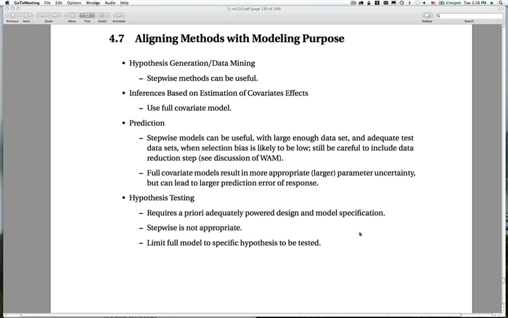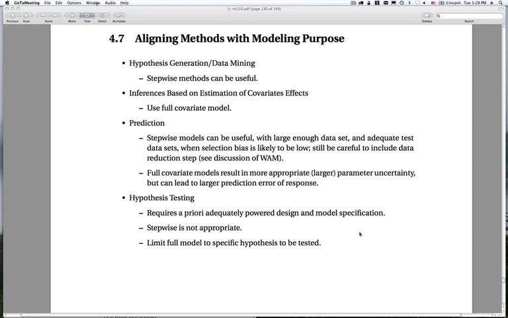If we're interested in generating hypotheses, doing data mining, we have no clue, we have maybe no idea of what our patient population will look like, maybe no idea of what is clinically interesting to us, and we want the data to drive everything. That's when stepwise methods can be useful. Again, those findings are better for hypothesis generating exercises than for formal conclusions or inferences.